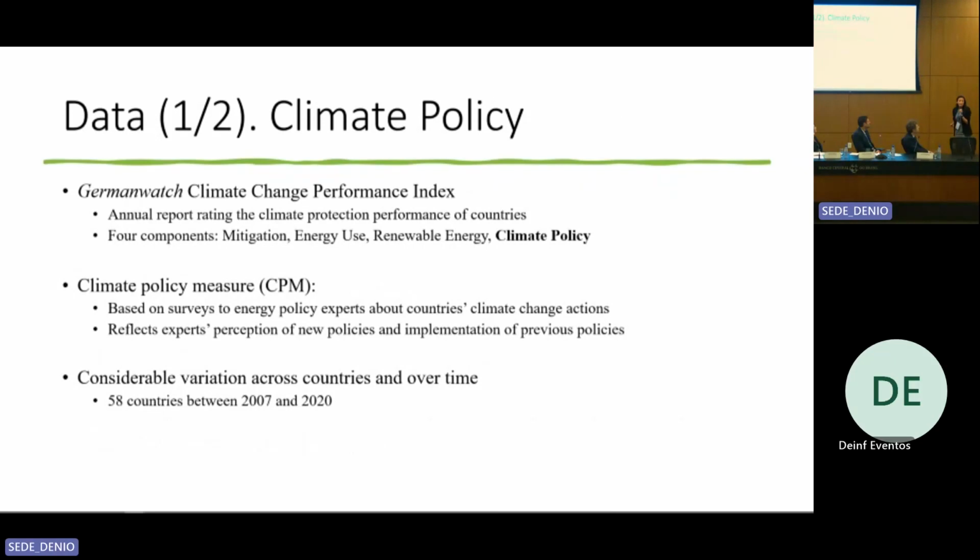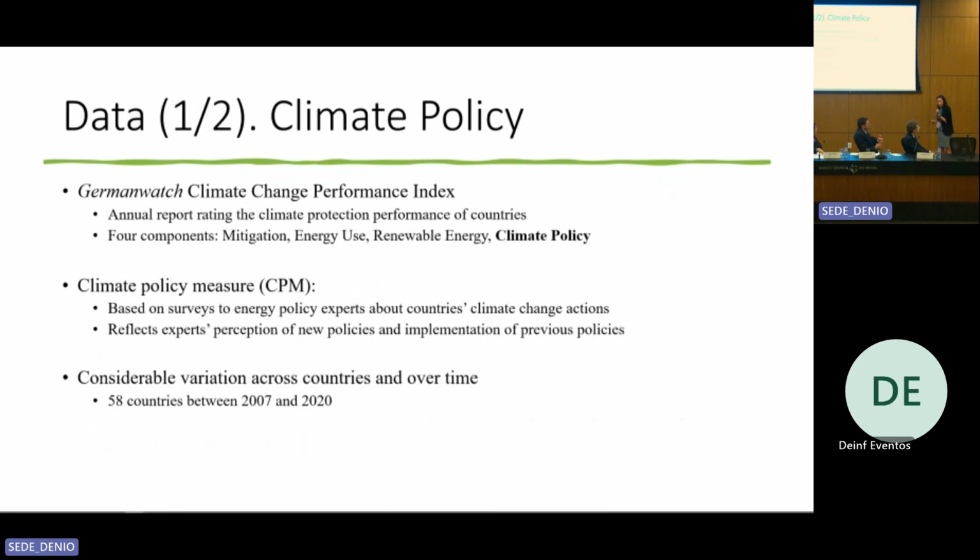So to jump into the data, our information on climate policy is going to come from the Germanwatch Institute. This institute compiles information across countries and generates the Climate Change Performance Index. This information is collected on an annual basis, and they rate the climate protection performance of countries.